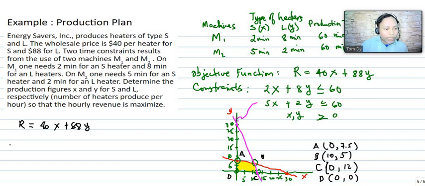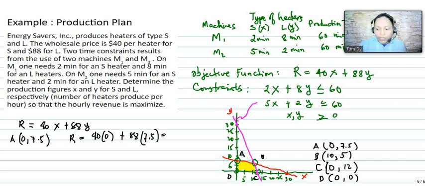For point A, which is (0, 7.5), the revenue is 40 times 0, substituting the values of x and y, plus 88 times 7.5.